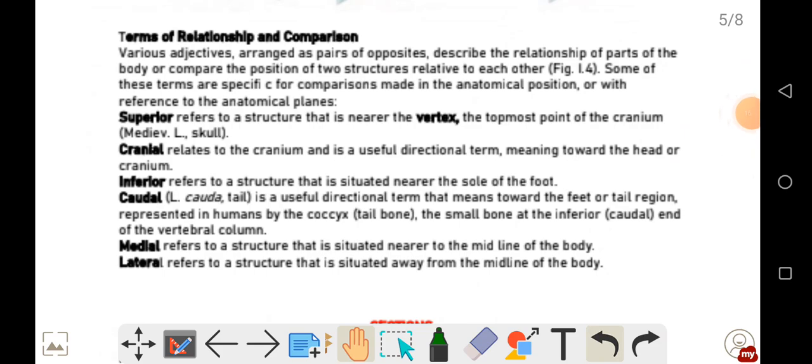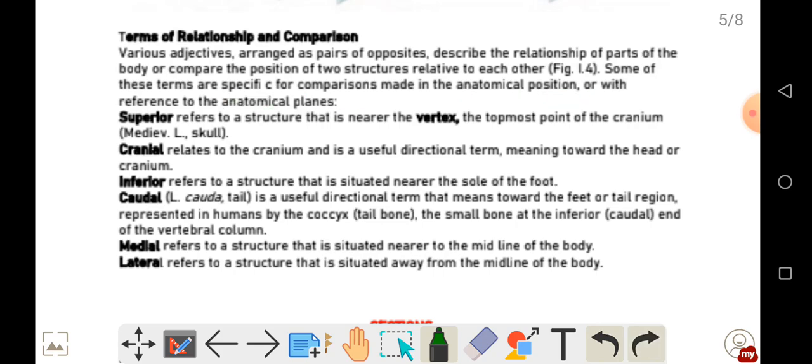Okay, so now we will look at the terms of relationship and comparison. Various adjectives arranged as pairs of opposites describe the relationships of parts of the body or compare the position of two structures relative to each other. Some of these terms are specific for comparisons made in anatomical position or with reference to the anatomical planes.